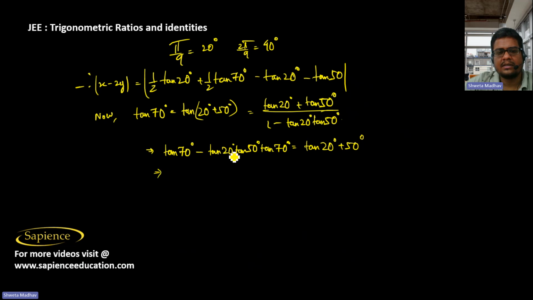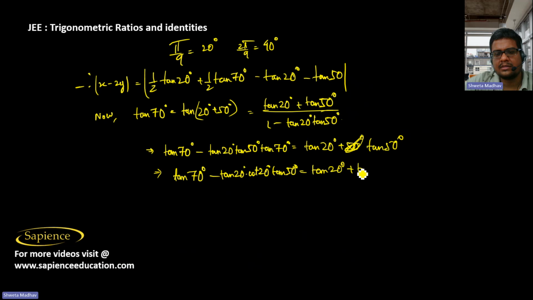Now tan 70 is the same as cot 20. So I can write tan 70 minus tan 20 into cot 20 into tan 50 is equal to tan 20 plus tan 50 degrees.